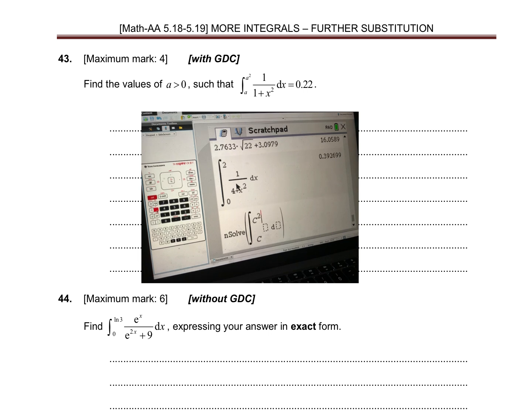So c to c squared, and then we have control division 1 over 1 plus x squared dx, and that is going to be equal to 0.22, and you want to solve for c.